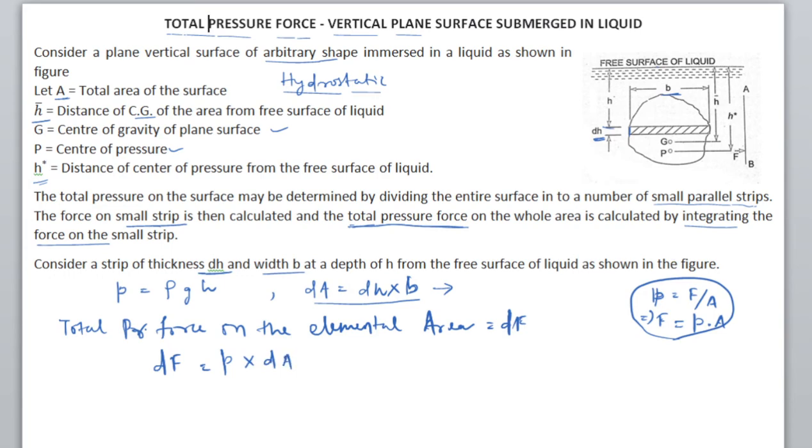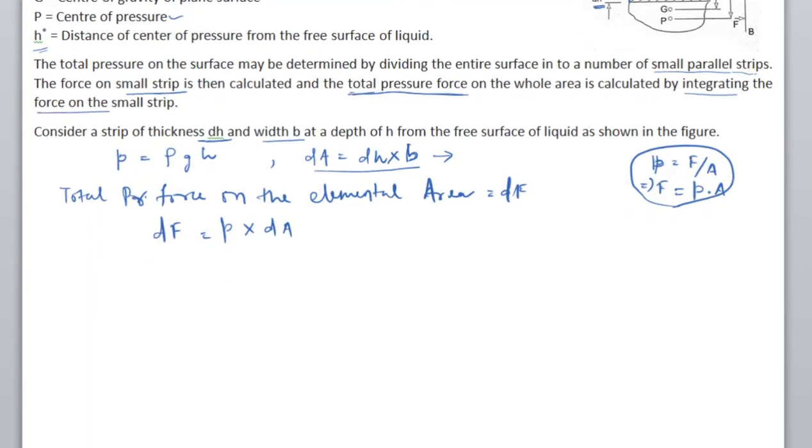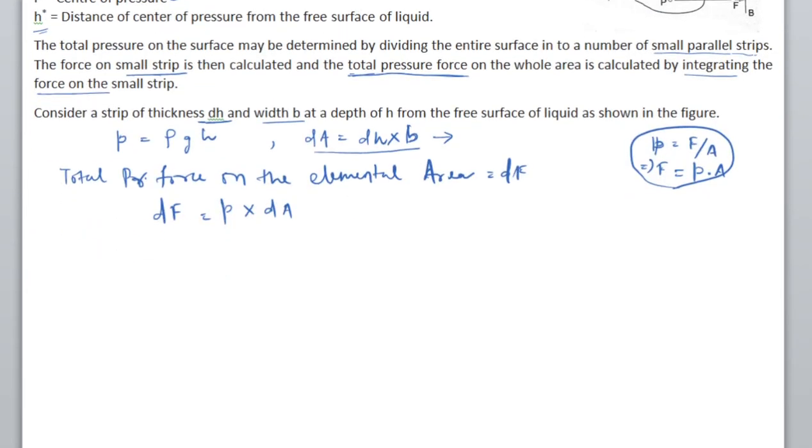Then what is the value of pressure? Pressure is rho g h, so dF is equal to rho g h into dA. I am not putting the value of dA here because we require this term.